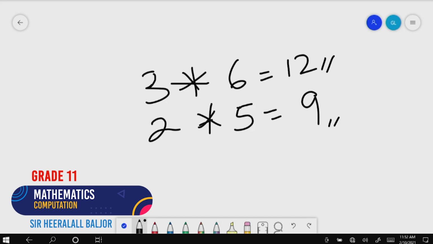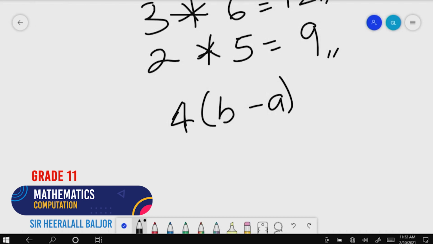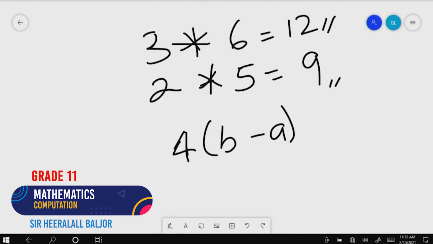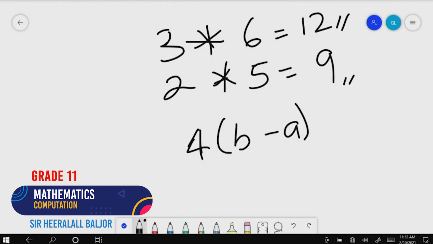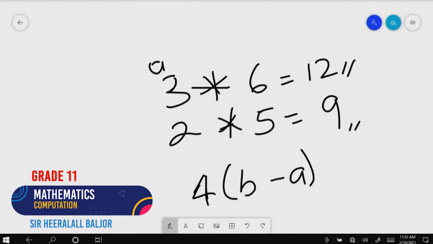If we were to choose the first option there, A, 4 of B minus A, and substitute these values, and mind you, A equals 3 and B equals 6.